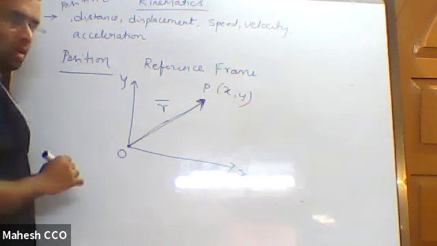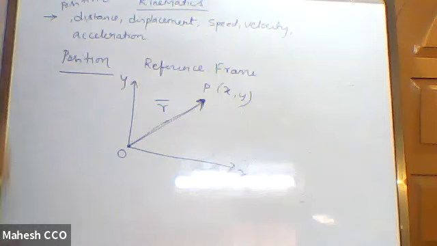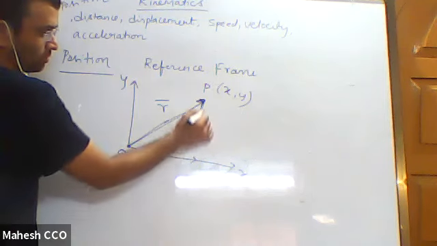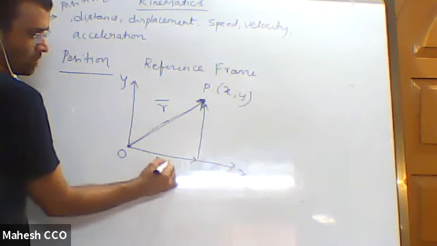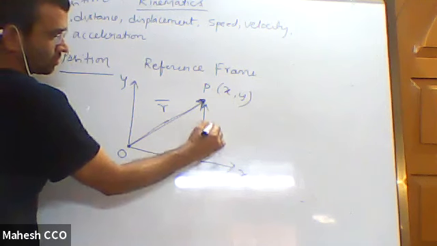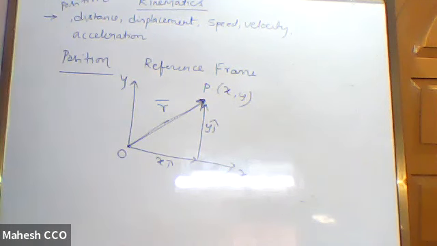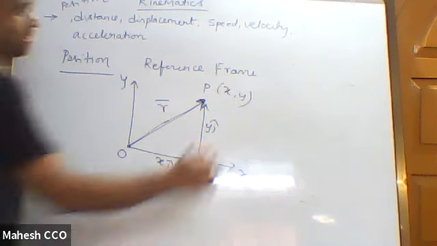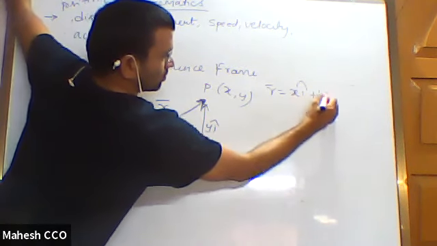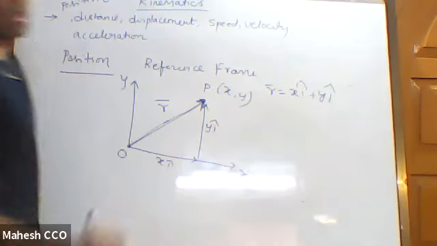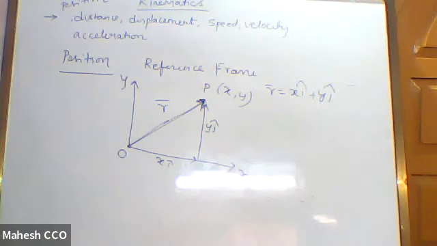Now, according to our understanding of vectors from the last chapter, we can realize that this r bar is nothing but the summation of two vectors. One is along x direction, which is x i cap. The other is along y direction, which is y j cap. So r bar is equal to x i cap plus y j cap.